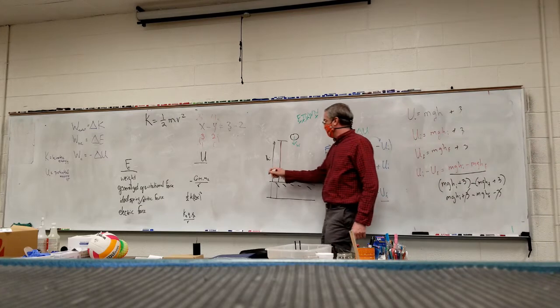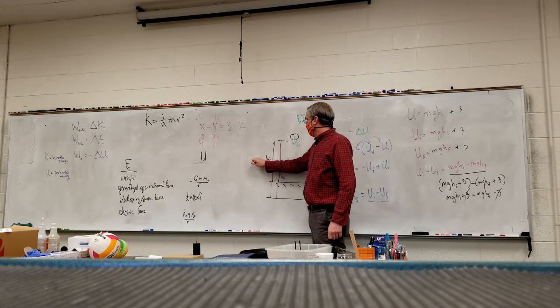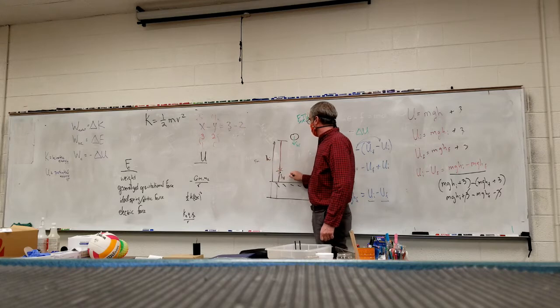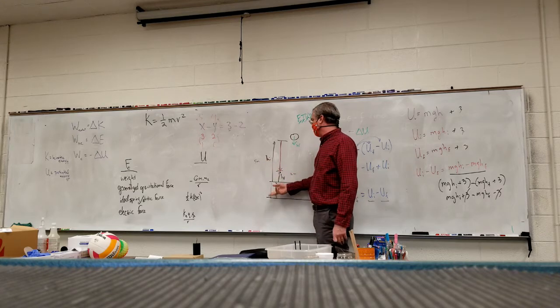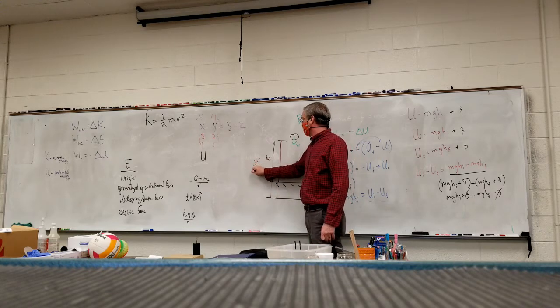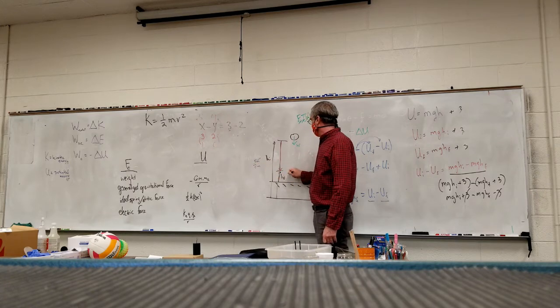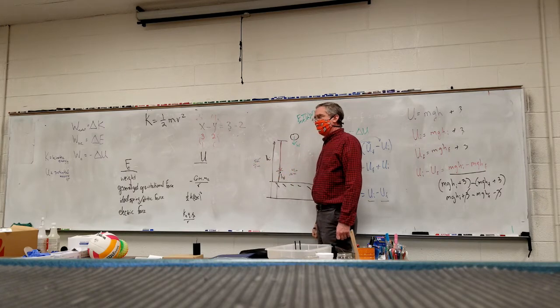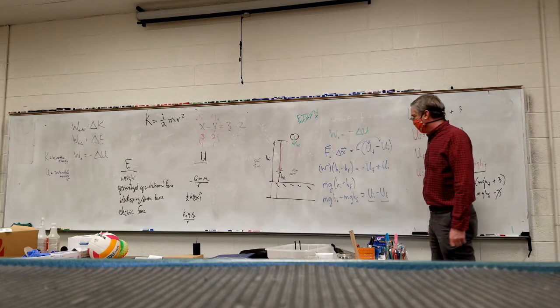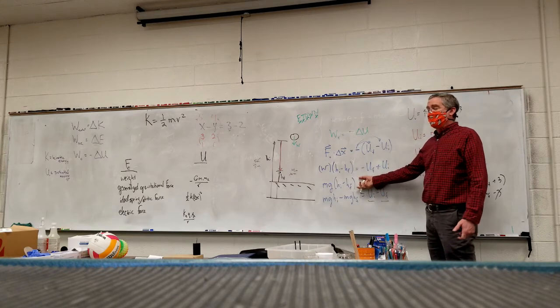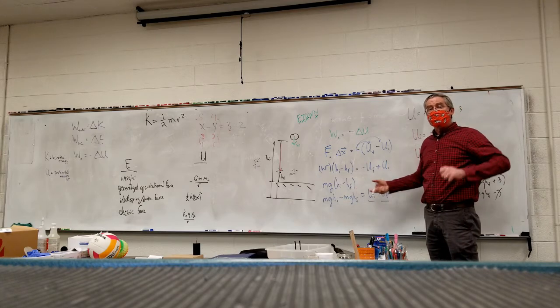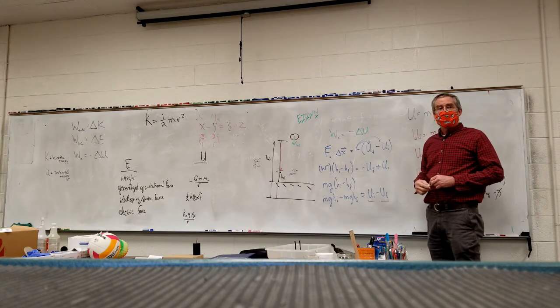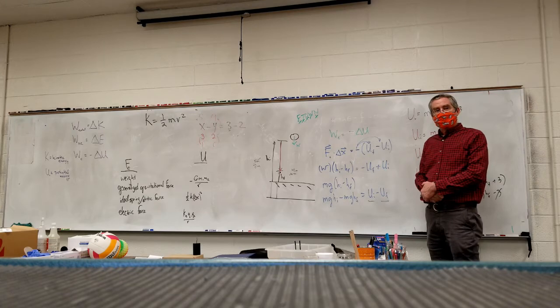In other words, if this initially were, let's say, 5 meters and 2 meters, and then I said, let's just add an extra 2 meters to each, so let's make that 7 meters and 4 meters. Does my change in height change? Yes. Is that a yes? Yeah. To what? Well, you would add 2 to each.